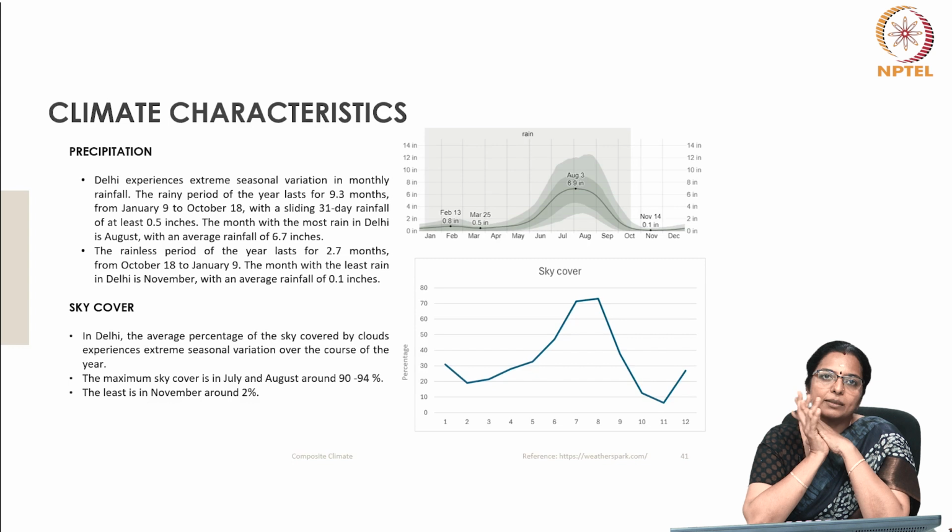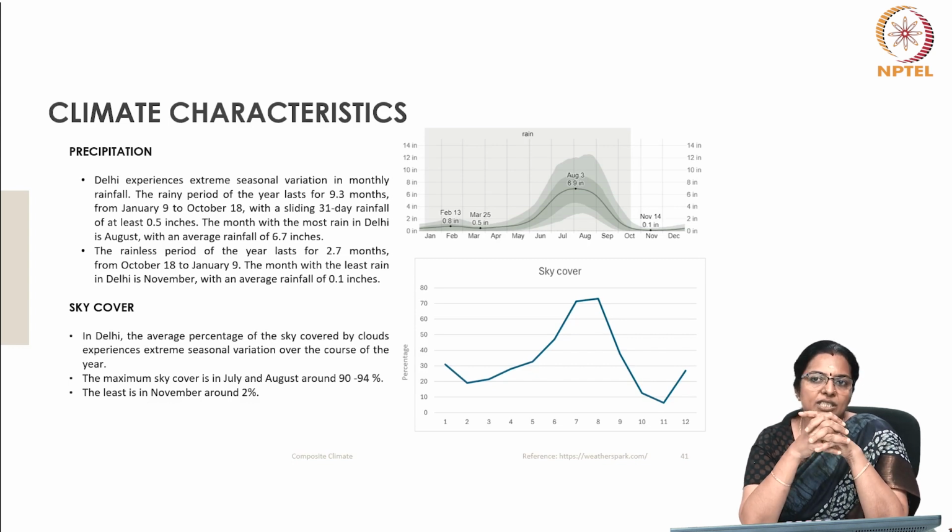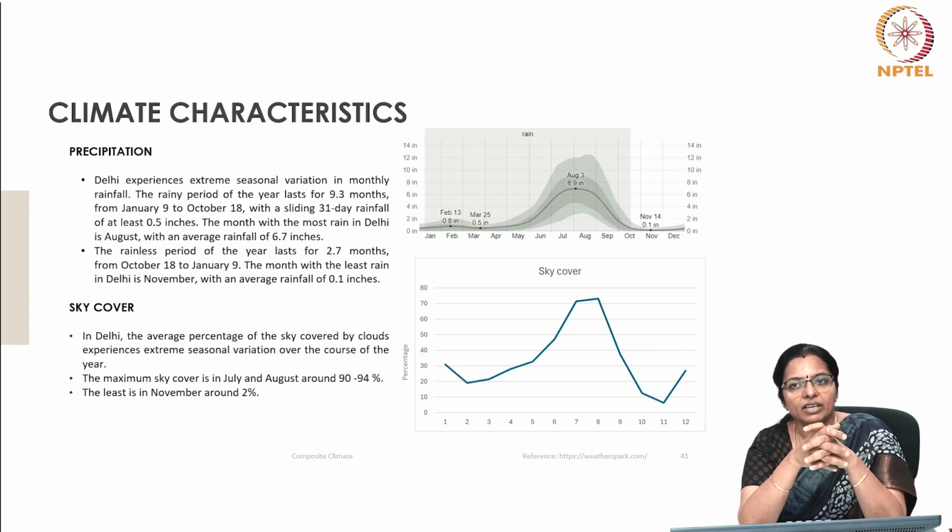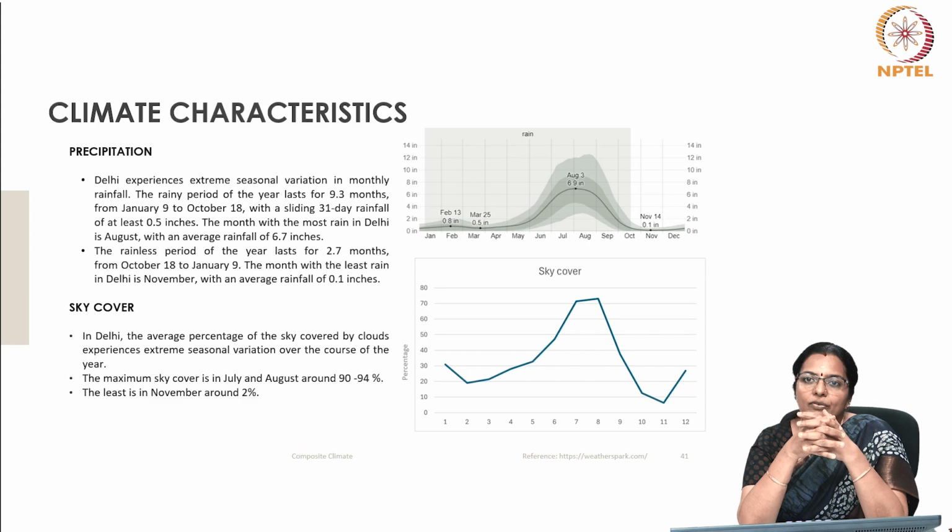If you look at precipitation, Delhi experiences extreme seasonal variations in monthly rainfall. The rainy period of the year lasts for about 9 months from January to October, with a sliding 31-day rainfall of at least 1 centimeter.